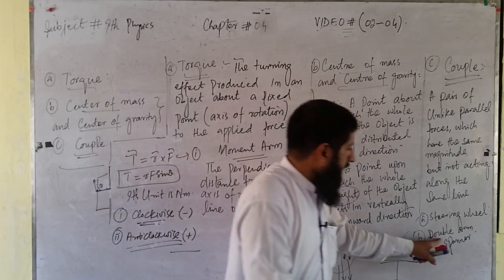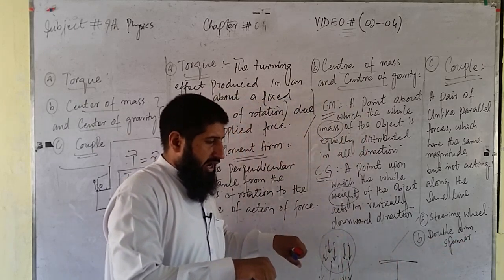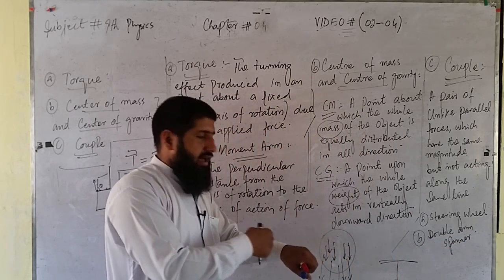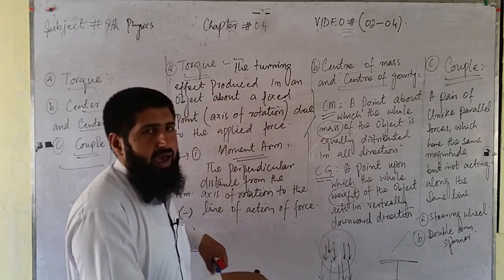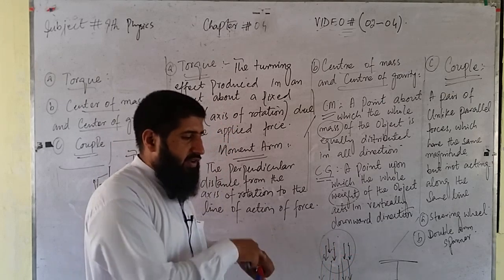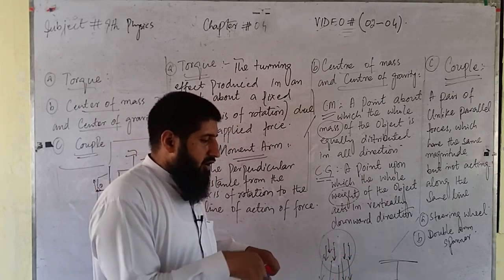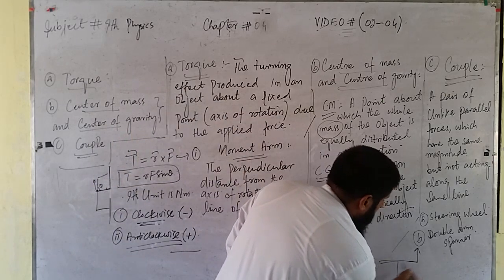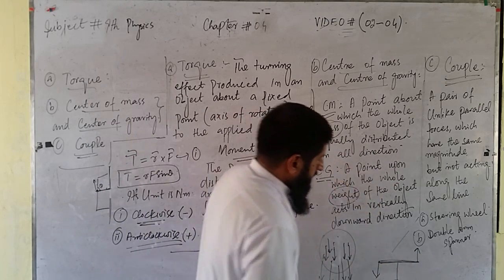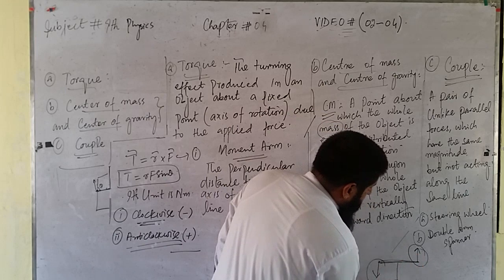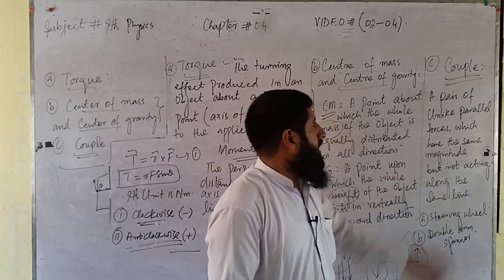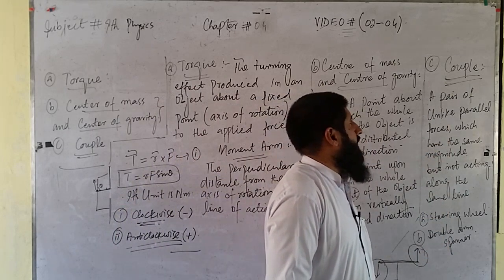That's why it is called a double arm spanner. One hand moves in the forward direction and the other hand moves in the backward direction, but their line of action is not the same. Both will have the same magnitude. So the double arm spanner is the best example of couple, and the steering wheel is also an example of a couple of forces.